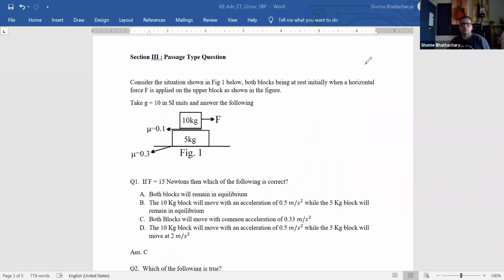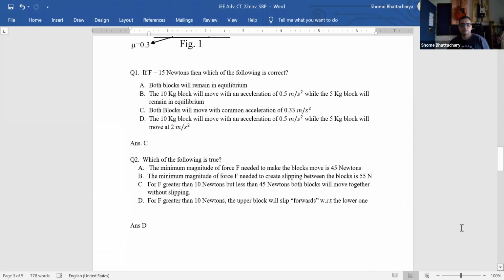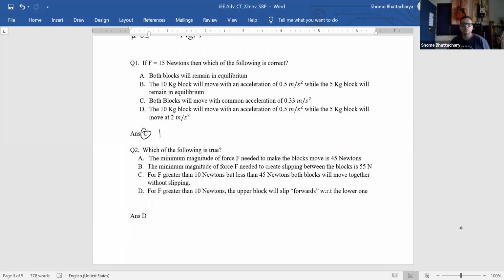Okay. So let's just check out the second part also. So this should be changed to B. Yeah, we'll change it. Okay. So which of the following is true? The minimum magnitude of F needed to make the blocks move is 45. No, both the blocks cannot move.